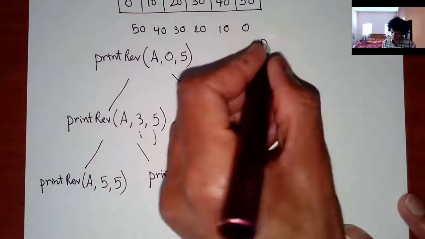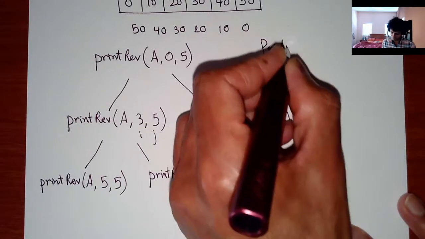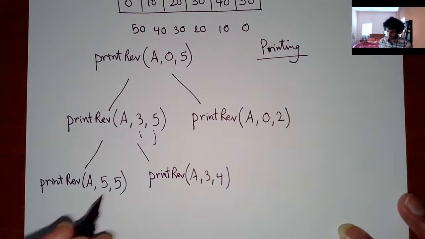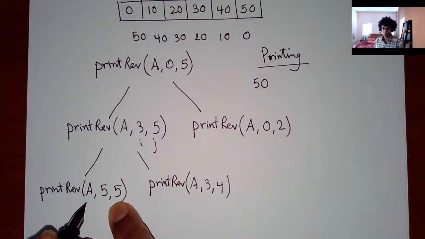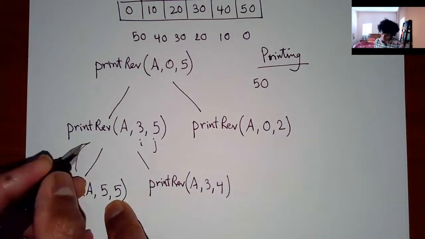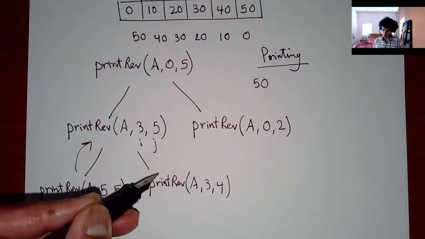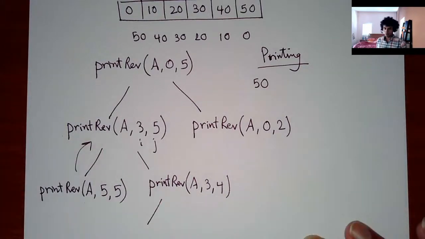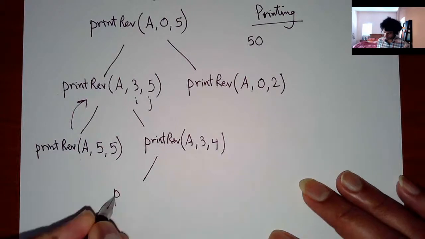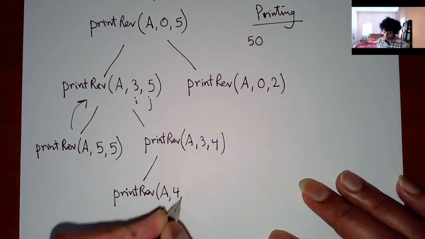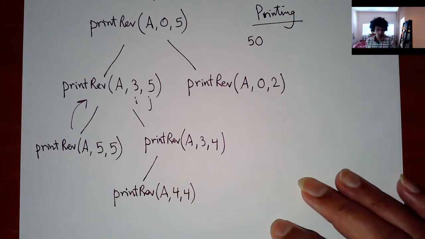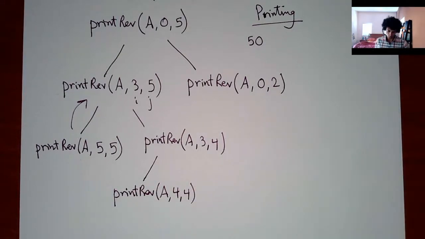This is the printing. It prints 50. And then it returns. Now it's going to make this recursive call, print rev a, 4 and 4.